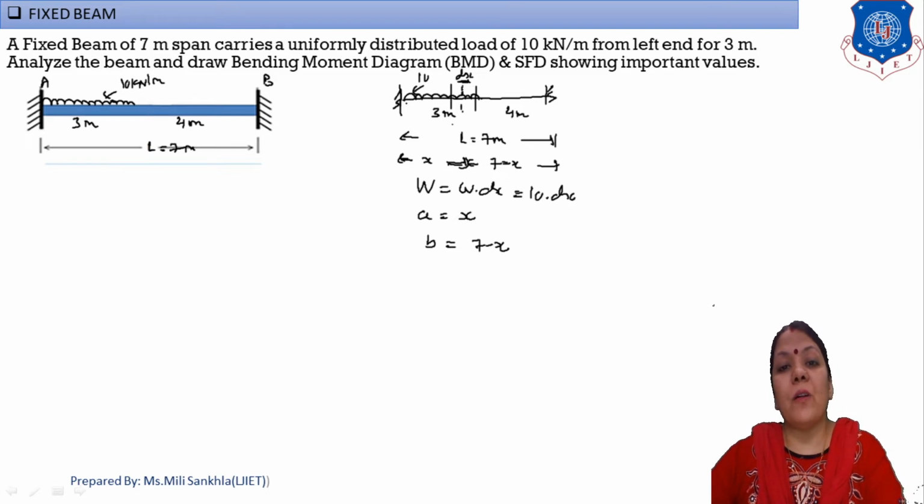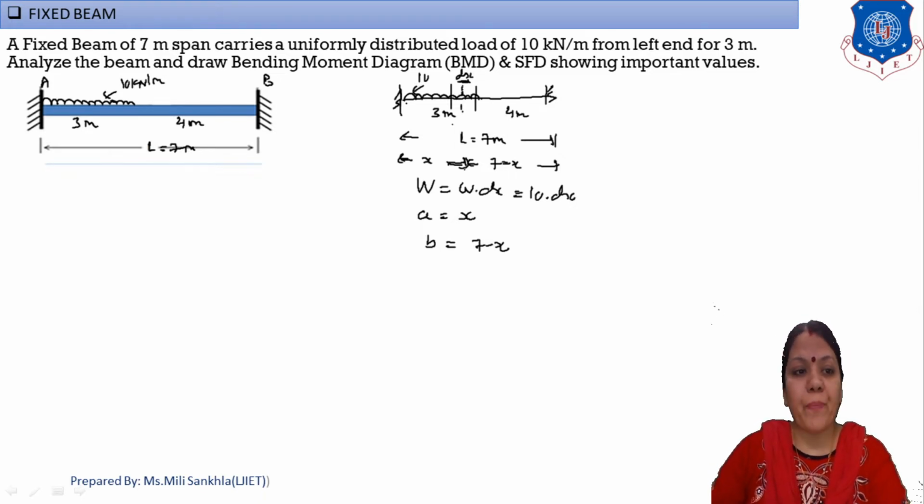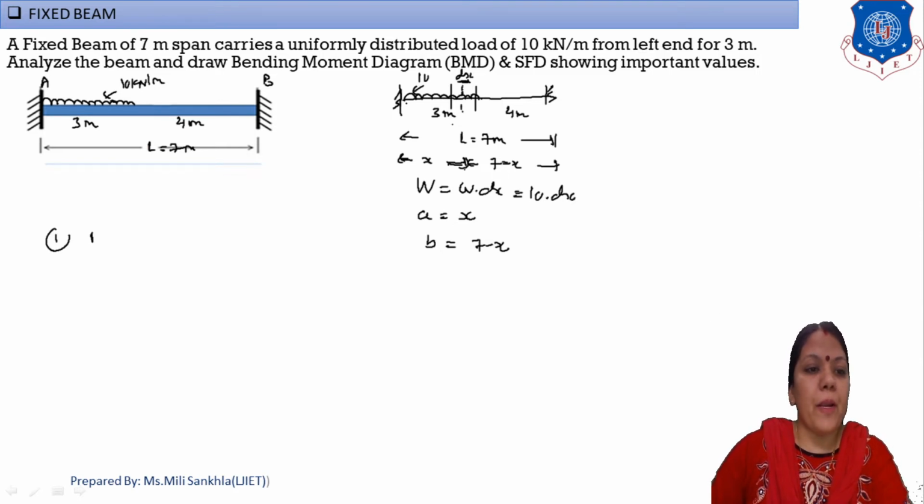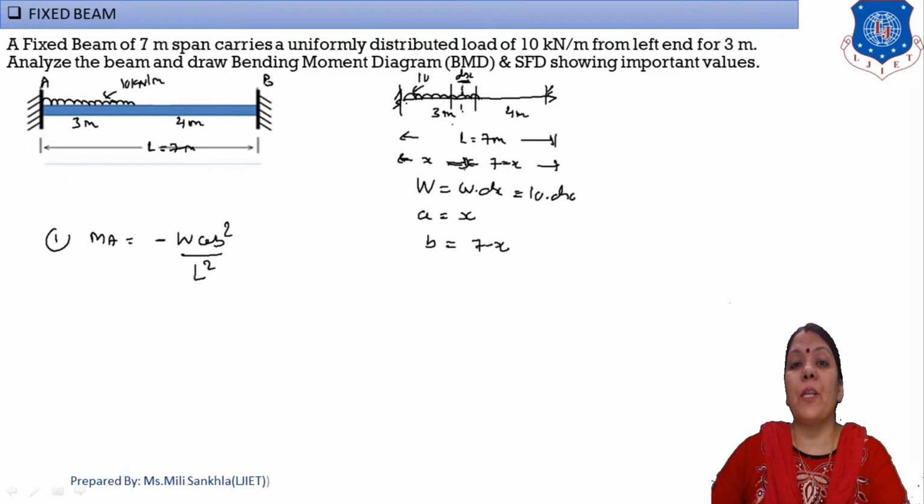Here I convert this into an eccentric point load: W is equal to load into distance, 10 into dx, a is equal to x, and b is equal to 7 minus x. Now clear? Now we solve first the moment at A. Moment at A is equal to minus W a b square by L square. This is the equation of the eccentric point load.